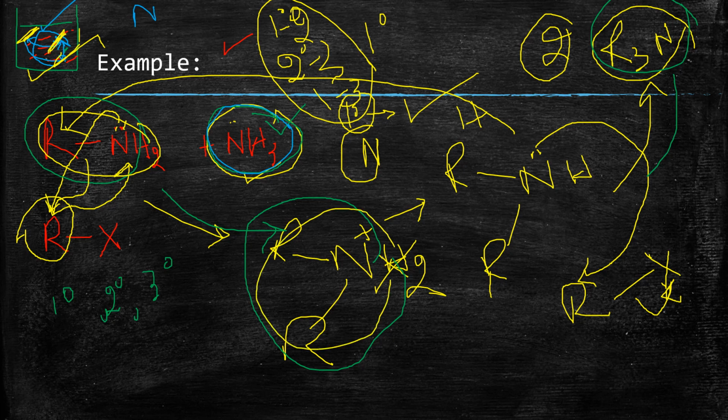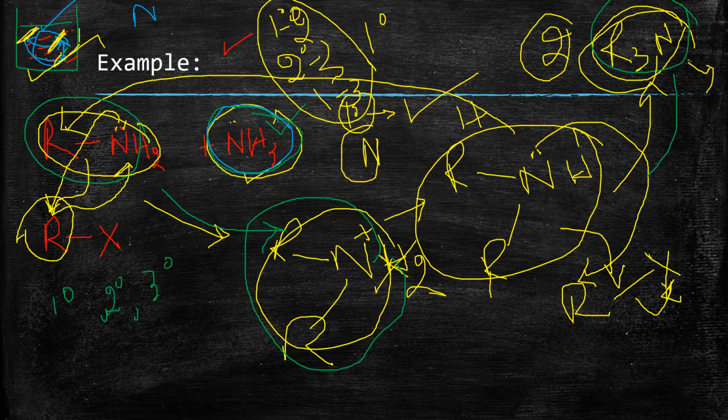Here secondary amine reacting with another RX, here tertiary amine, and tertiary amine will not be giving anything else, but these interactions are prevented if NH3 is added in bulk. That's why ammonia is added in excess, right? Hope you get that point.